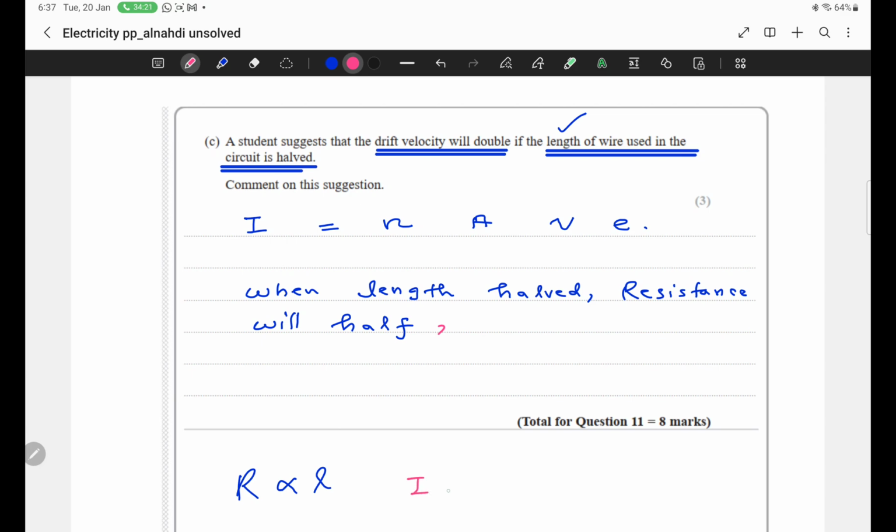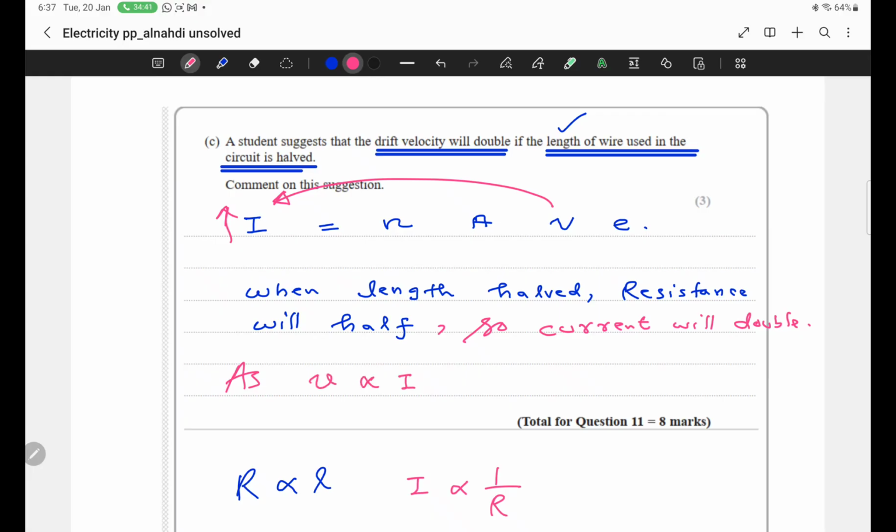And you know, current is inversely proportional to resistance. So current will double. And if current is doubled, then drift velocity, which is directly proportional to current, will also double.